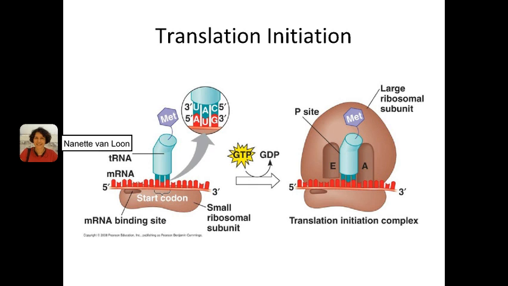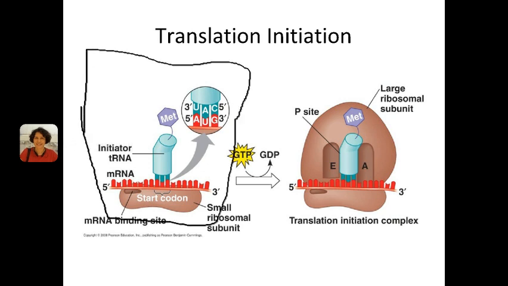So let's take a look at the initiation of translation. In the first part, we see coming together the small subunit of the ribosome with the messenger RNA and the first tRNA, the one that is charged with methionine.